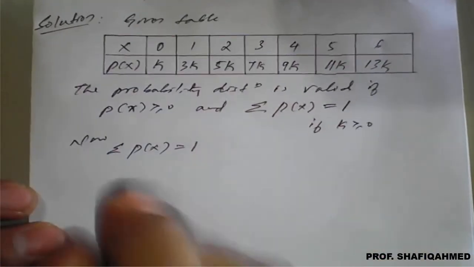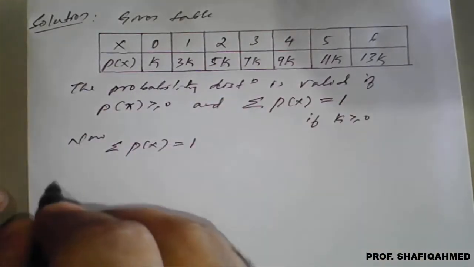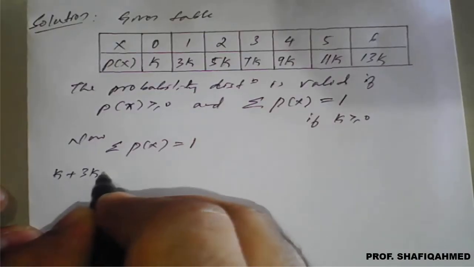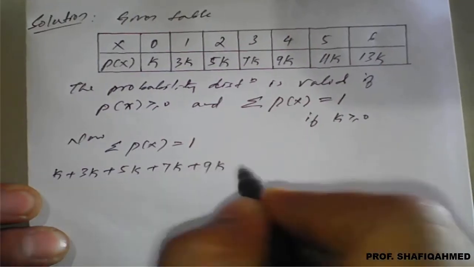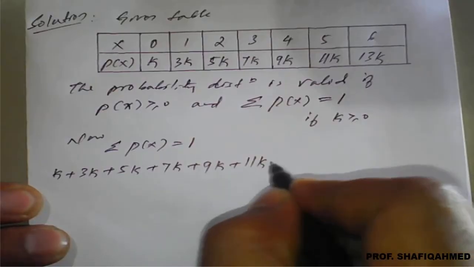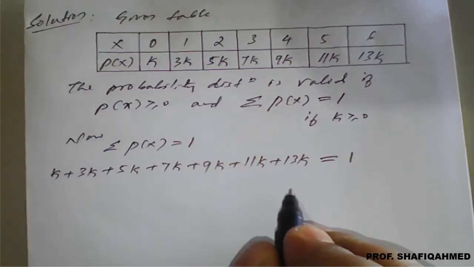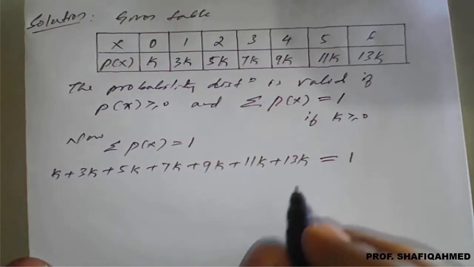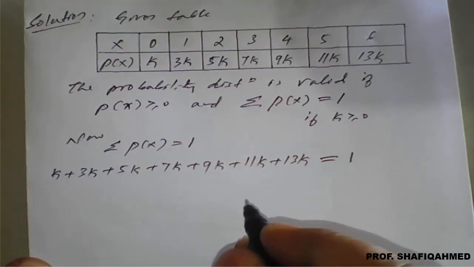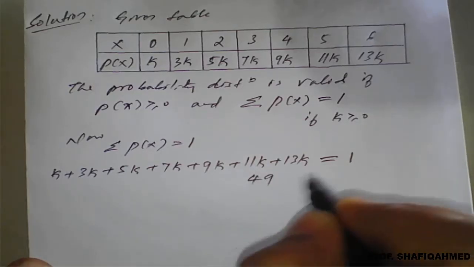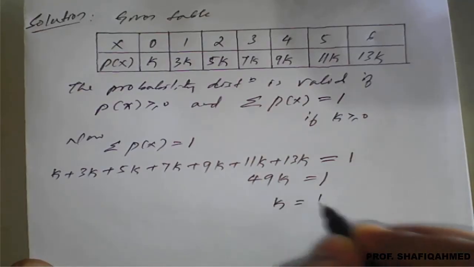The left-hand side means we add all these: k plus 3k plus 5k plus 7k plus 9k plus 11k plus 13k is equal to the right-hand side, 1. Add all the k's and you will get 49k equal to 1. So from this we get the value of k. k will be 1 upon 49.